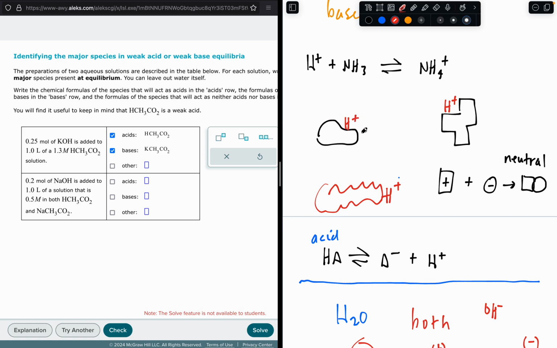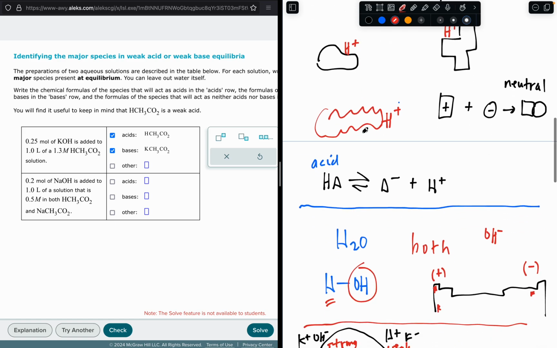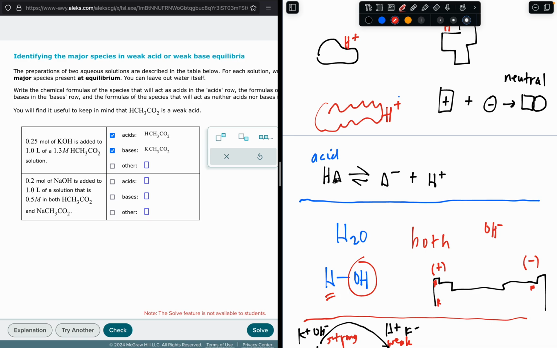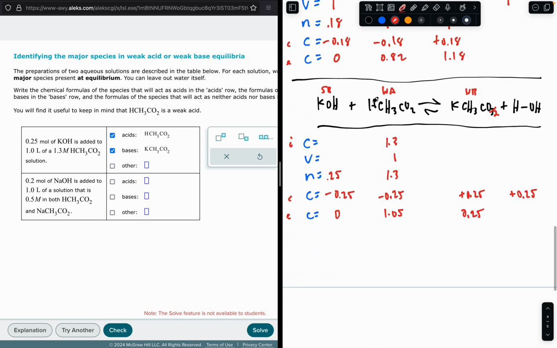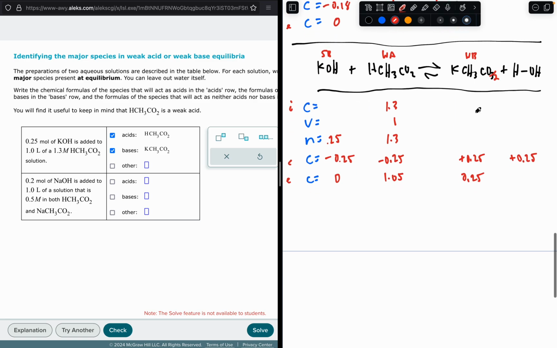But as soon as the H plus leaves, it's a base. So here's an acid, but when we get rid of the H plus, what it leaves behind is a base. Oh, I got you. Okay. So what we had here was acetic acid, where my H plus is right there. But when the H plus leaves, it's a base. It leaves exactly.